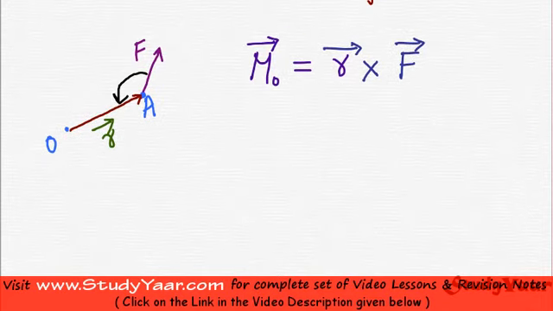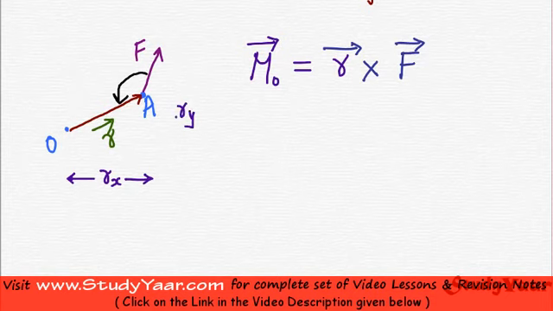Let us assume that the distance from O to A in the x direction is Rx. So this distance is Rx, and the distance from O to A in the y direction is Ry. So this length is Ry.